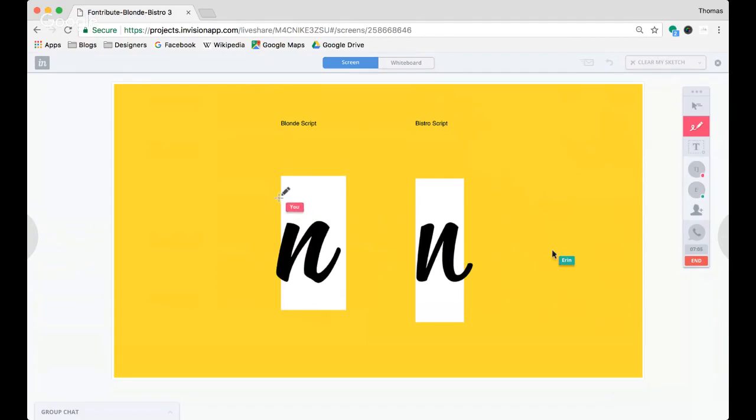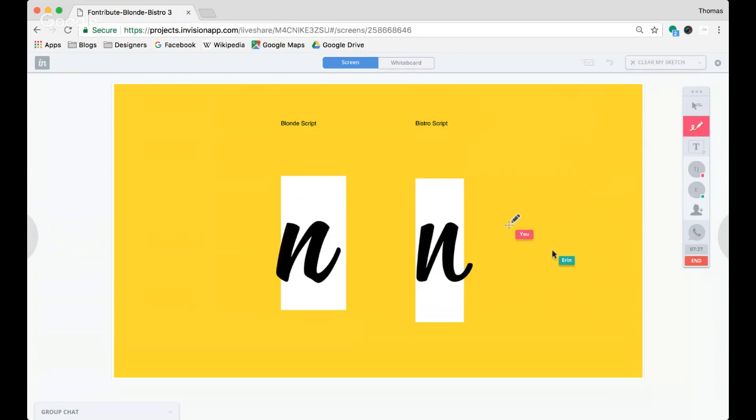One thing you'll obviously notice is this negative side bearing on the left side of Blonde versus the remaining positive side bearing on the left for Bistro. Part of that probably has to do with the degree of italicizing, the slant of the letters. Blonde is significantly more slanted than Bistro.